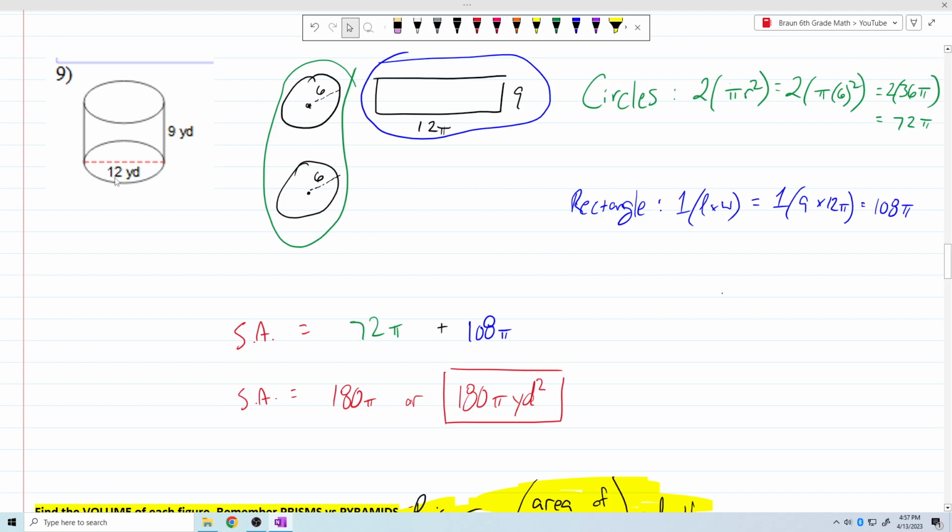Okay, you see here the diagram says 12 yards, and in my recreation, I put 6. I did that because our formula for area of a circle, which you'll need to know, is pi r squared. I wanted to have an r in there so it was easy to see that you plug it in.